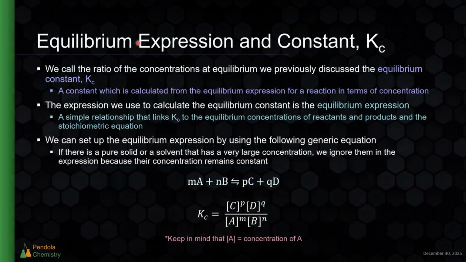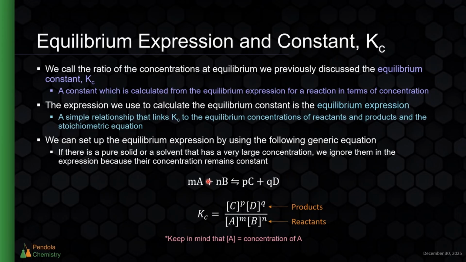That ratio that we used in the prior example is what we call the equilibrium expression. The equilibrium expression is essentially a ratio of the products' concentrations in a reaction divided by the reactants', each to their coefficients as an exponent.